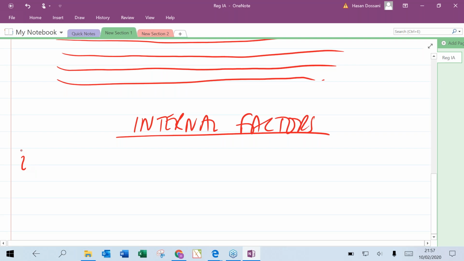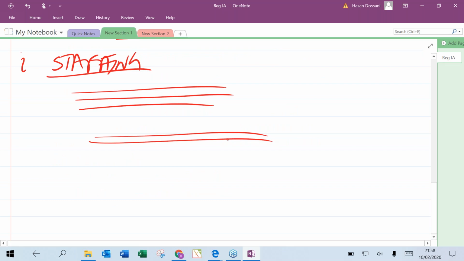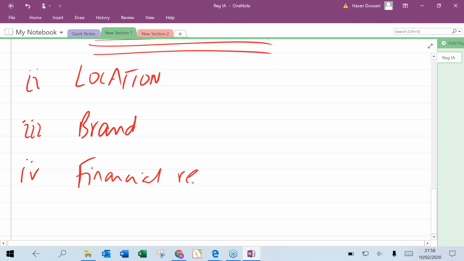Again, we will follow the same link. So, for example, we will say staffing. Okay, and we will reproduce some good information about staffing, that we have loyal staff, we operate with a lesser number of staff. Okay, and then choice of locations, and we can say about brand. Remember, human resource, financial resource. So strong financial position, cash flows, IT, technology.